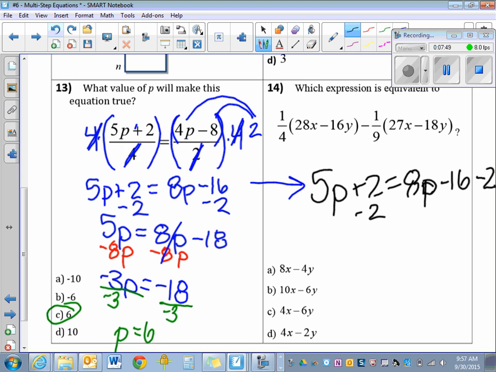Most people don't like to do it that way, but you can do it. If that helps you to then combine like terms and say that's negative 18, then go ahead and do so. But be careful with that. You can only combine like terms together, and you can only separate multiplication with division.